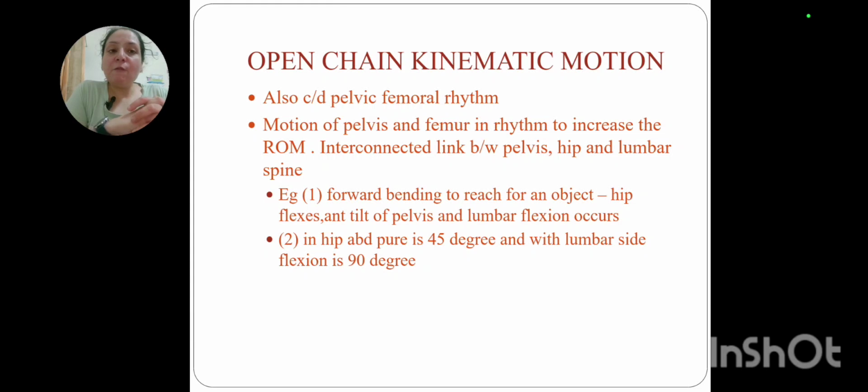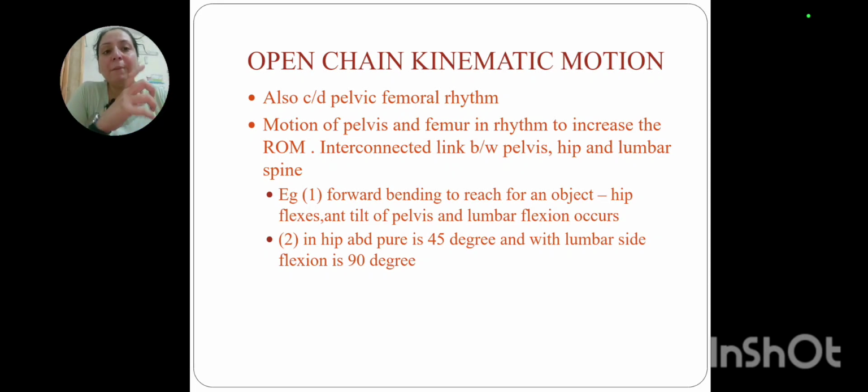Fine. That is, if you want to reach for an object while forward bending, say we forward bend and try to pick a book from the floor, then what happens is, first the hip flexes, then there is an anterior pelvic tilt, and then the lumbar spine flexes in order to reach the floor. Hip flexion takes place at one level, after that the anterior tilting of the pelvis takes place and then lumbar flexion takes place. This is the integrated motion.